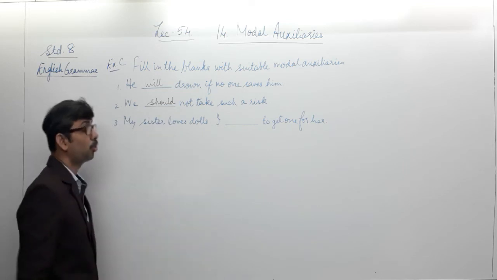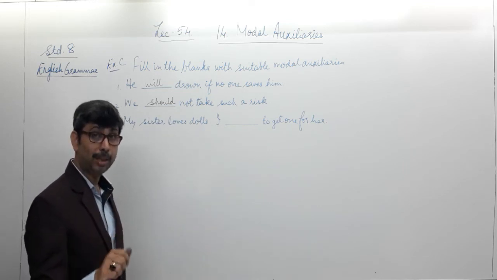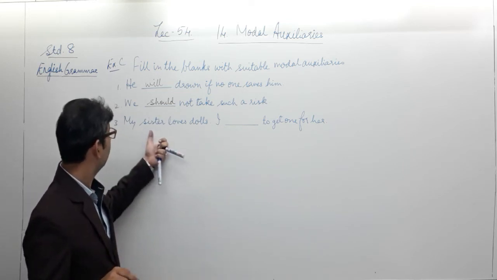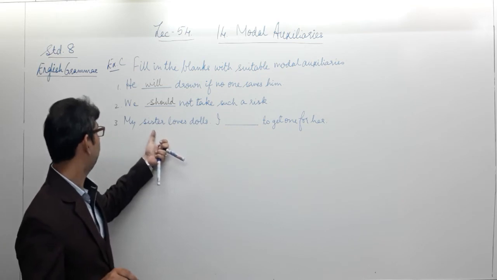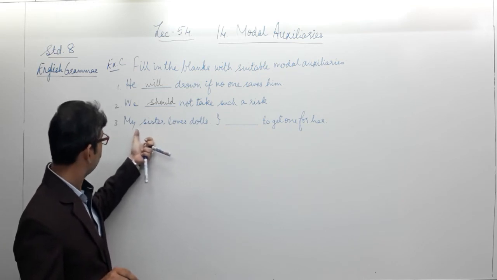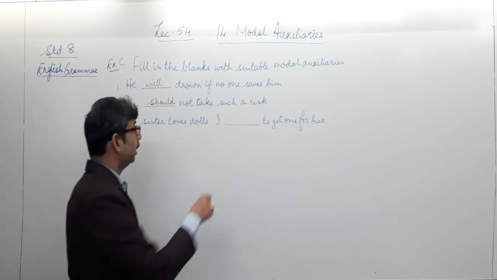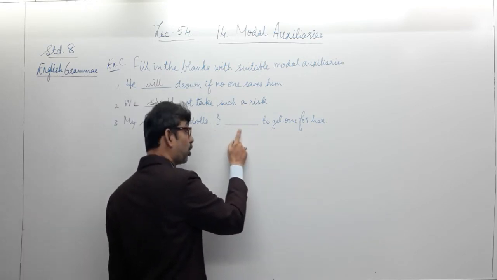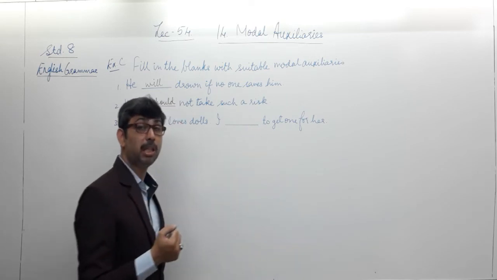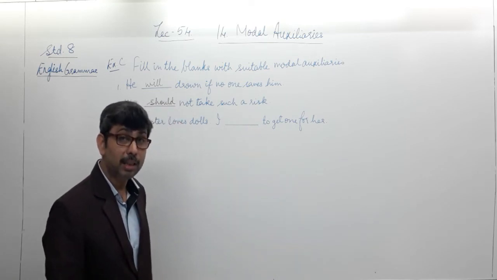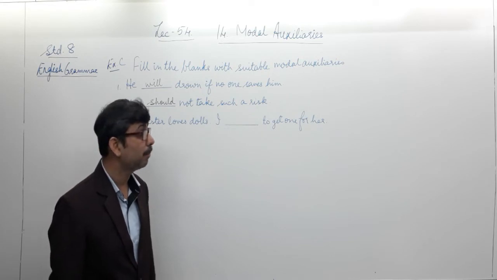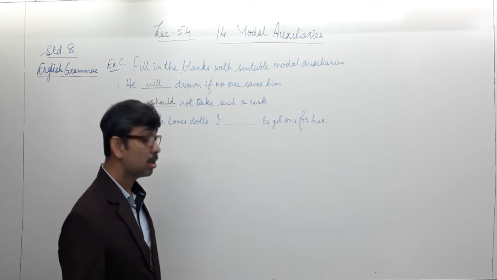My sister loves dolls is one sentence trying to express the desire or the wish that the sister loves them. But in the next sentence it's being said, I dash to get one for her. So it's very important. It's obligatory. It's my moral obligation to get one for her because she loves it.